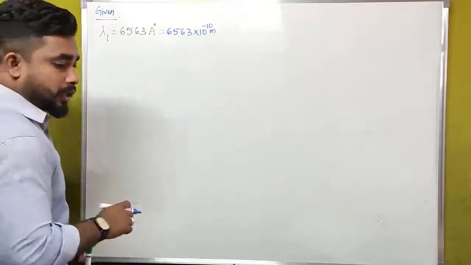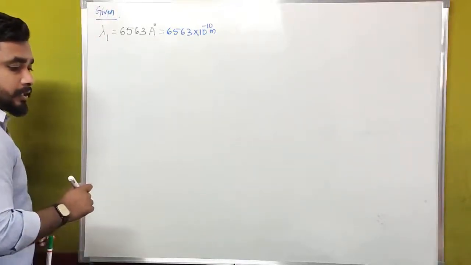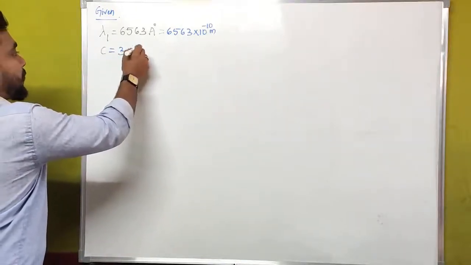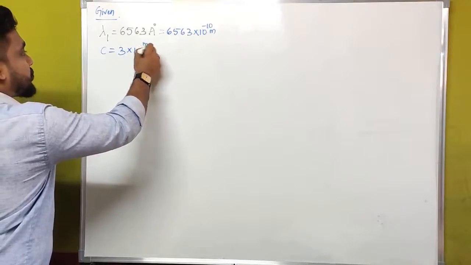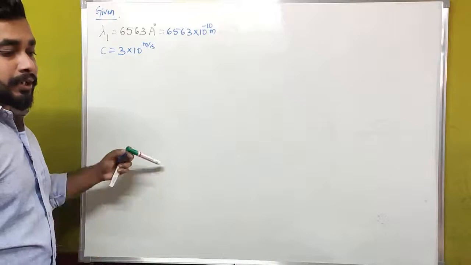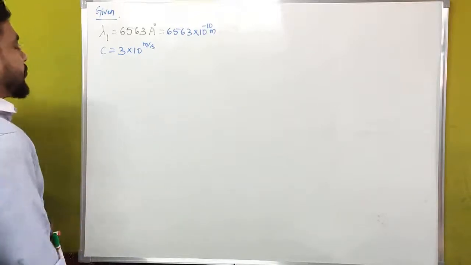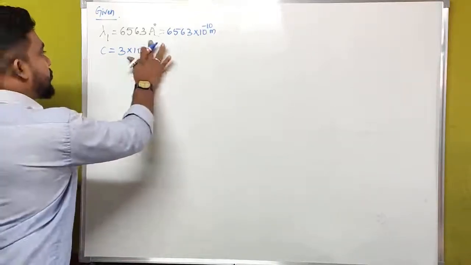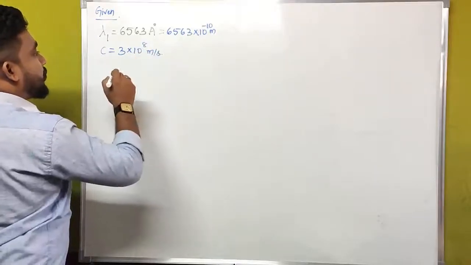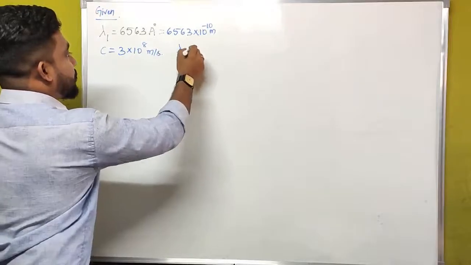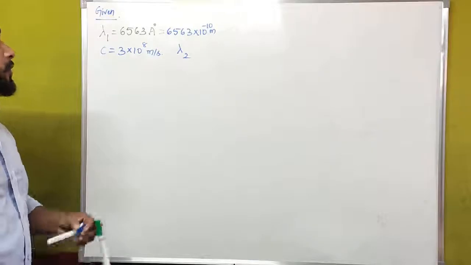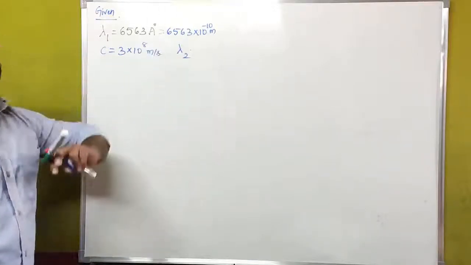And the other thing which he has given here is c, that is c is equal to 3 into 10 to the power of 8 meter per second. And what we have to calculate is lambda 2, that is the wavelength of the second member. For the first member we know the value of wavelength.